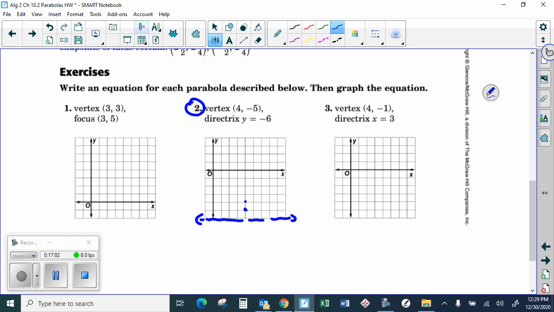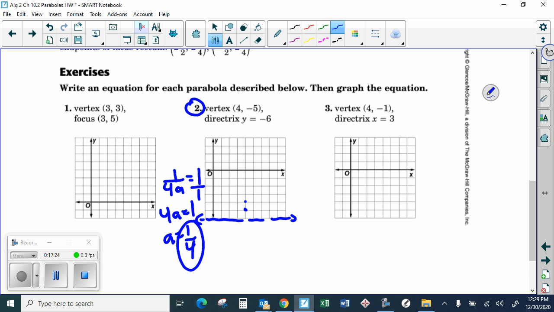Now remember, the distance from the vertex to the focus is 1/(4a), and that distance is 1. So I set it equal to 1. Cross multiply, you get 4a equals 1, and therefore a equals 1/4.